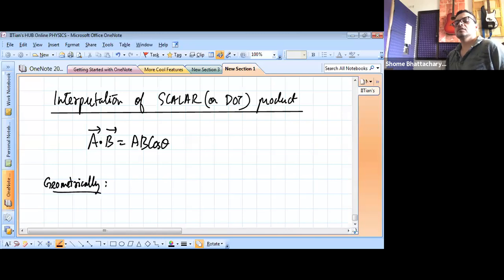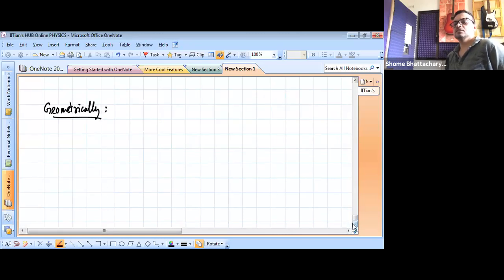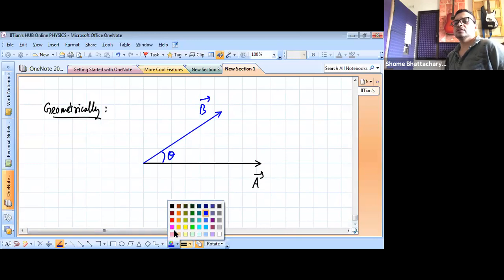if you draw the vectors A and B, assuming a situation where there is some kind of an acute angle between them. So if this is the vector A, and this is the vector B, and the angle between them is theta. Now you can see what the quantity B cos theta is.